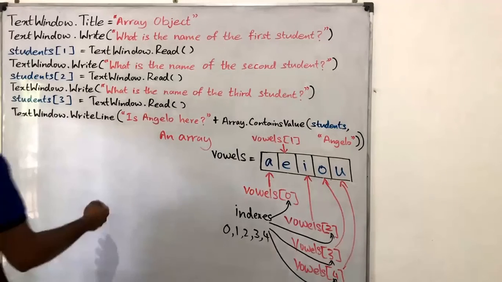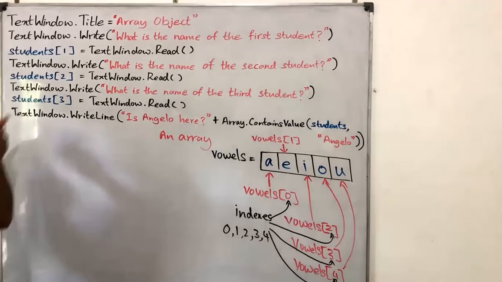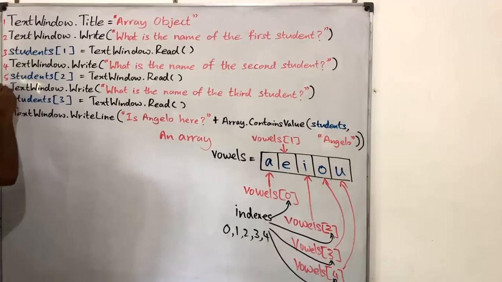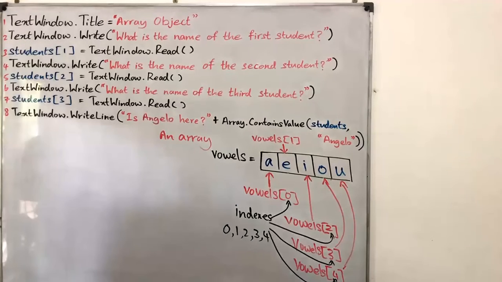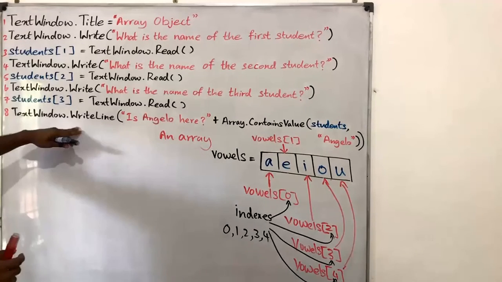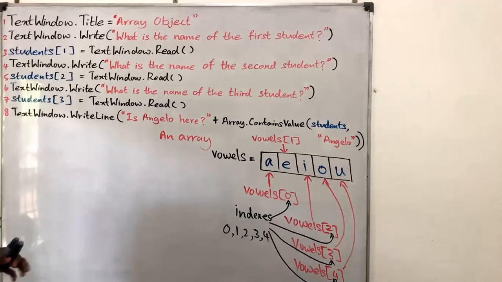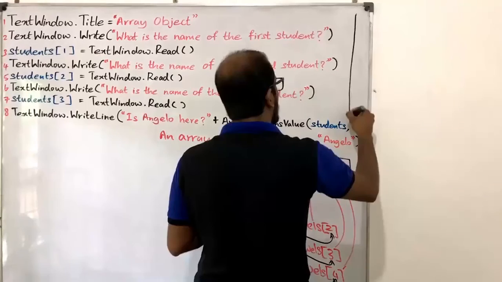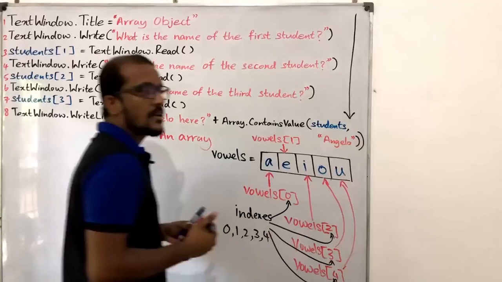This is the first line, the second statement, the third, fourth, fifth, sixth, seventh, eighth. So this code segment has 8 statements, and these statements execute from top to bottom, statement by statement or line by line.